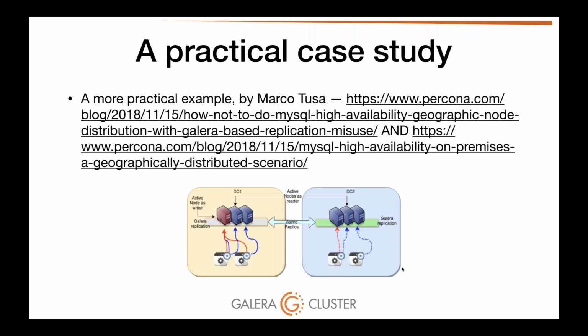So Marco Tusa is a blogger and consultant, who also did a practical example. There are two fairly good blog posts here about a practical example where they had unpredictable delay, and Galera would also see that as a network issue. So if you don't have a good network, it could be a problem.